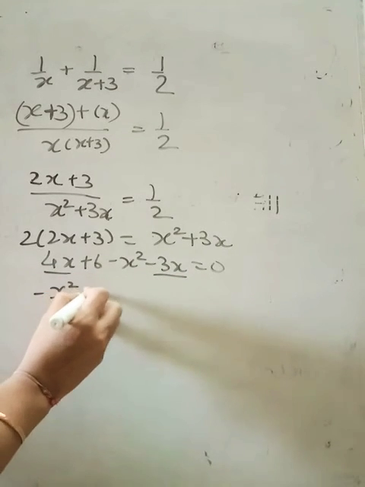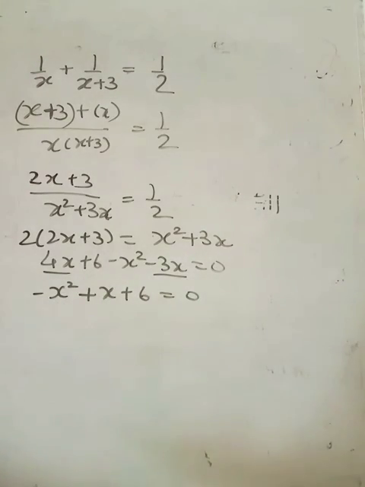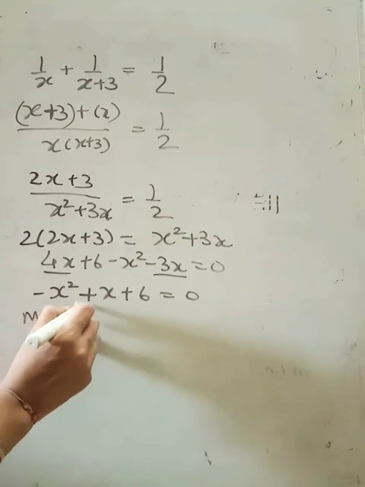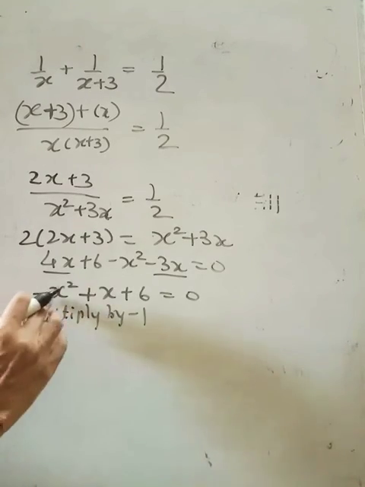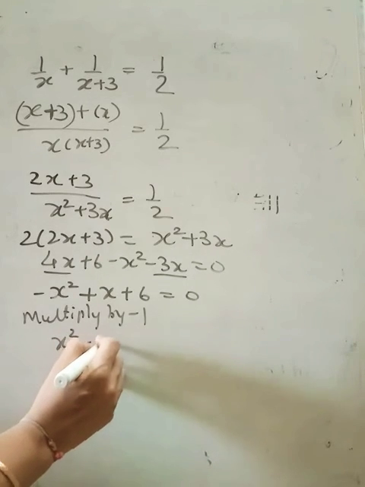Minus x square plus x plus 6 is equal to 0. Now we'll change the sign. Multiply by minus 1. Why? हम लोग को ये x के साथ में माइनस अच्छा नहीं लगता है. नॉर्मल रूटीन.